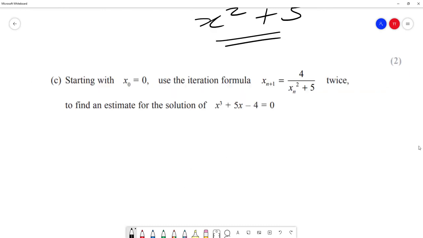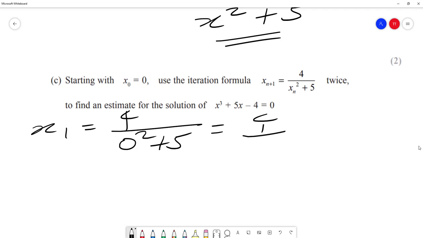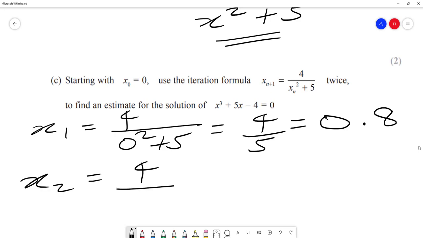And for the final part, starting with x0 equals 0, use the iteration formula twice to find an estimate for the solution of the equation. So the next one is going to be x1, which is going to be 4 over 0 squared plus 5, which is 4 over 5. Now 4 over 5 is 0.2 times 4, which is 0.8. And then the second time around would be 4 over 0.8 squared plus 5.